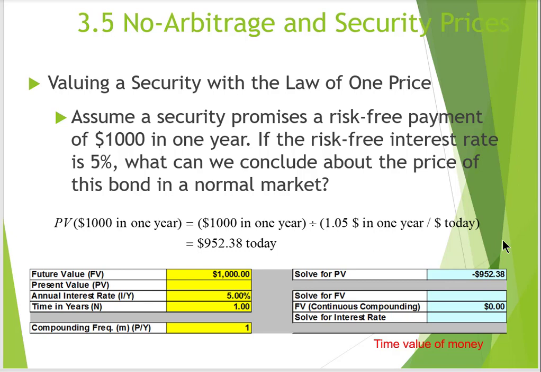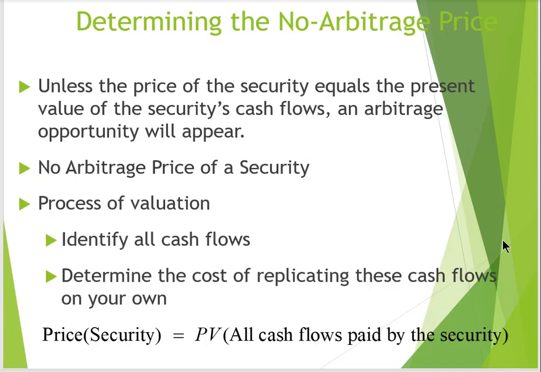So if it costs you $900 and it's worth $952, then what this is telling you is you would have an increase in value, an increase in wealth, of $52. So unless the price of the security equals the present value, then arbitrage is possible.